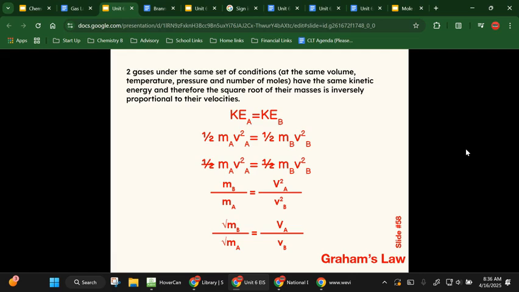Formula masses are based on 1 mole of a substance, right? In this formula for masses, you can use formula masses. We can assume 1 mole of each, because it doesn't matter how much is there. What matters is how fast it's moving.